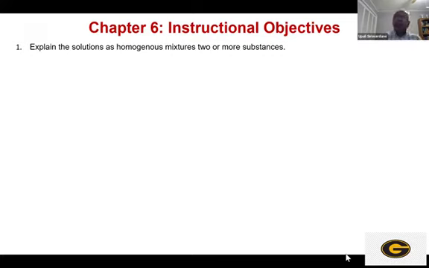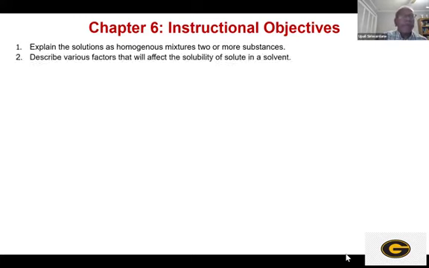Solution is a general name for homogeneous mixture. We also look into various factors that affect the solubility of a solute, minor component, in the solvent, major component.